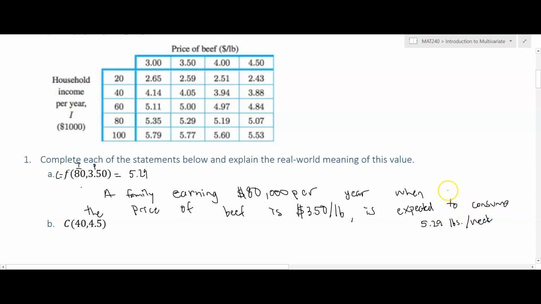We don't need to say per household because we're already talking about this one specific household.